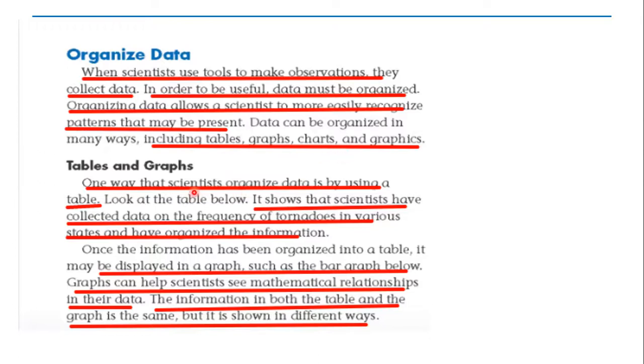Now, one way scientists organize data is by using a table. It shows that scientists have collected data on frequencies of tornadoes in various states and have organized the information.